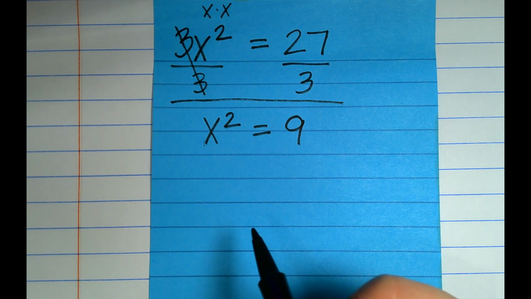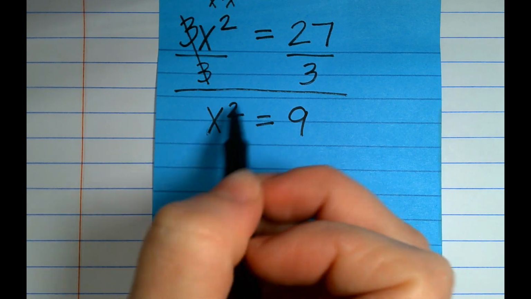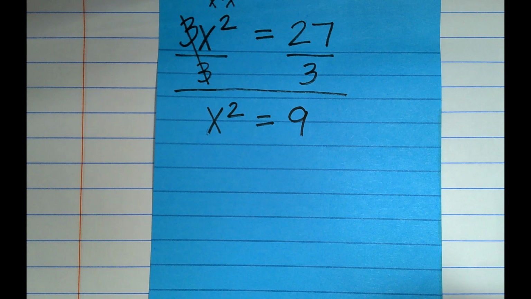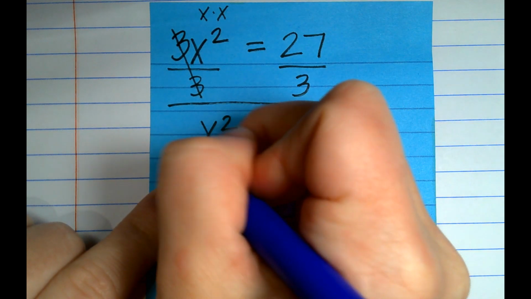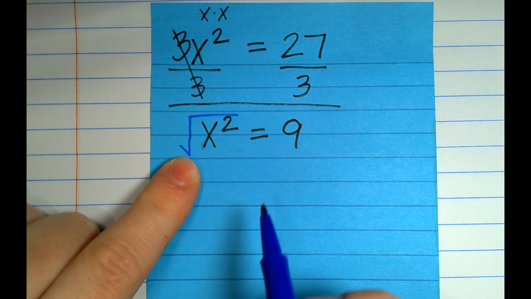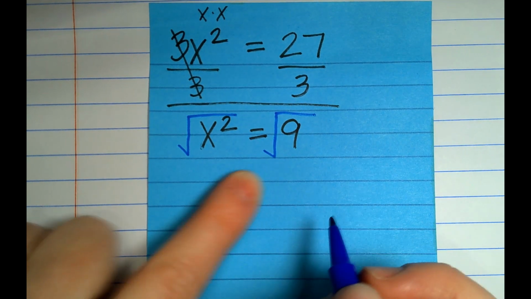So in a way, let's see. Does anybody know the opposite of a square? It's a square root. So let's do this. I'm going to do the square root of x squared, and I'm going to do the square root of 9.